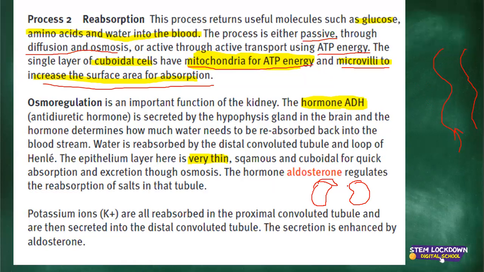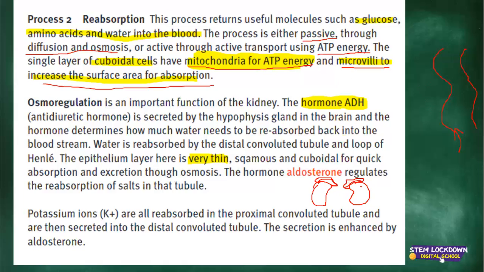That's where aldosterone is secreted. ADH, yes, is indeed secreted from the brain. But the adrenal glands are the ones responsible for that function, so they will secrete these hormones.